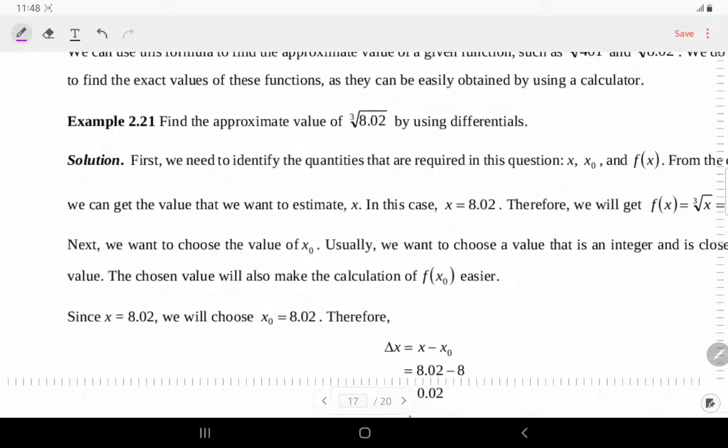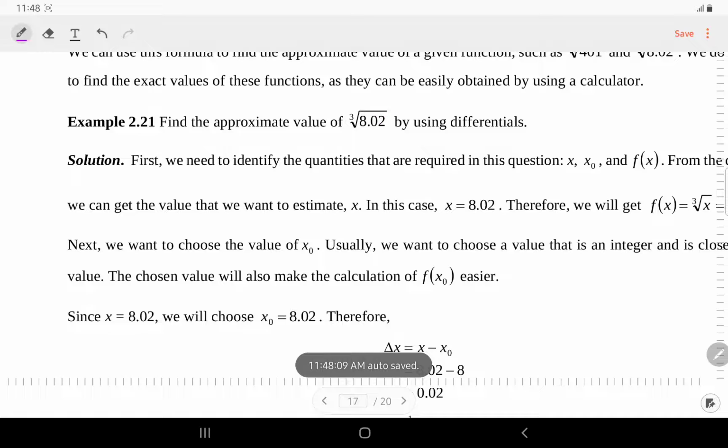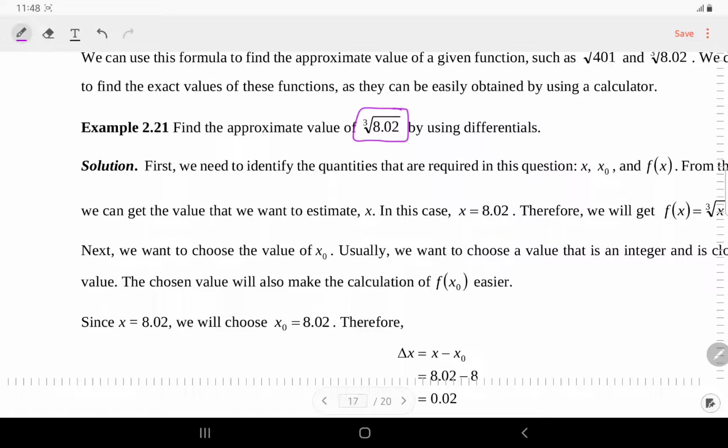For example, look at example 2.21. We want to find the approximation of this expression, which is cube root of 8.02.